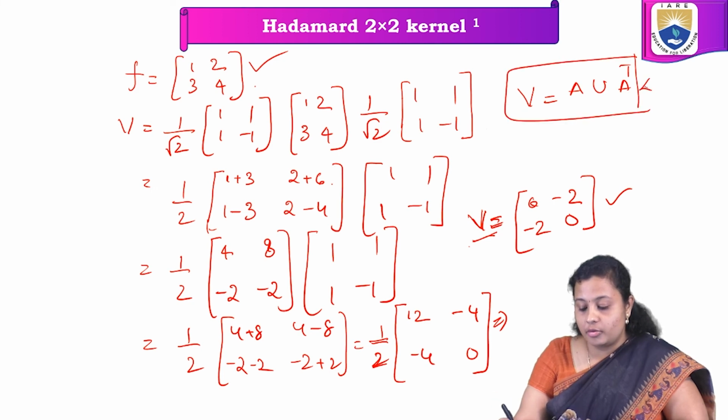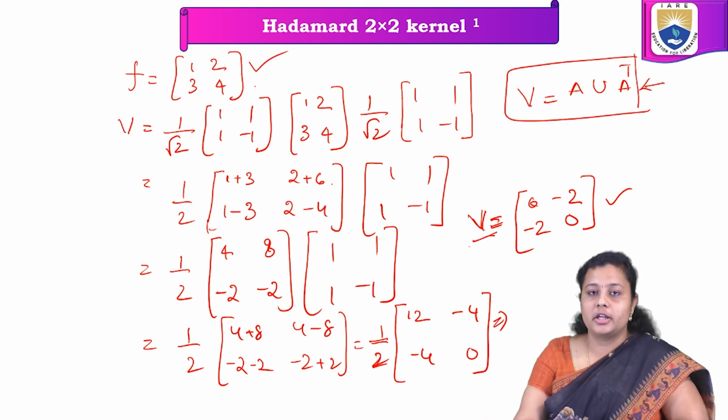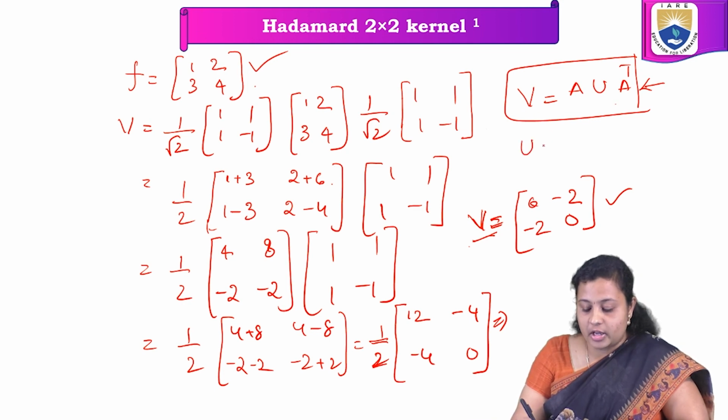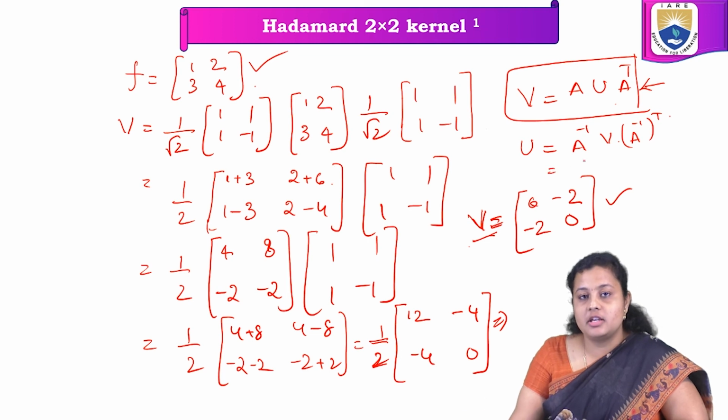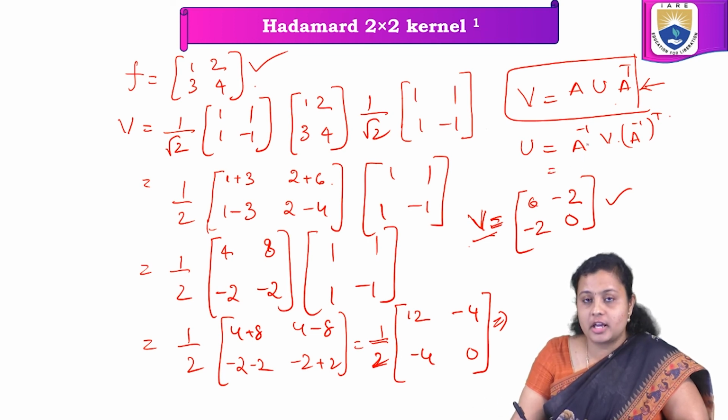This is how we have calculated our V. So from this equation I can get back my input image U. Since A is a unitary matrix, I can write A inverse is equal to A conjugate transpose.